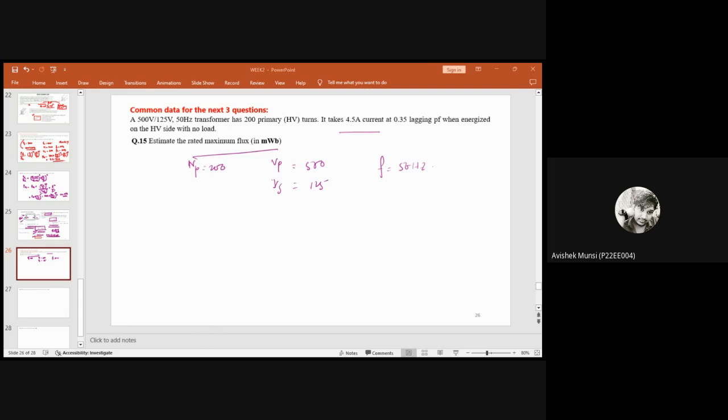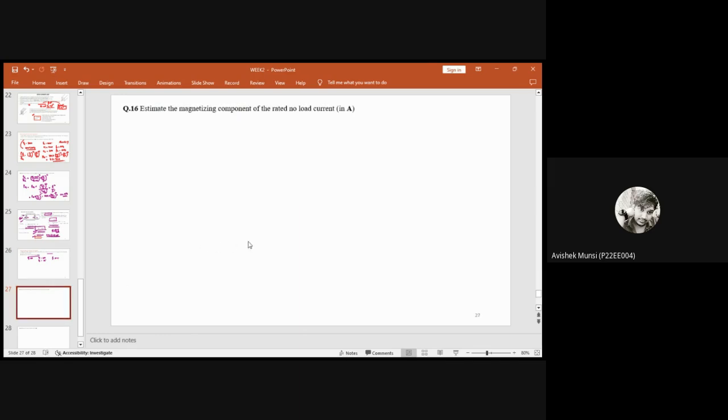Yeah, it is correct. You can solve the next part, the magnetizing component.